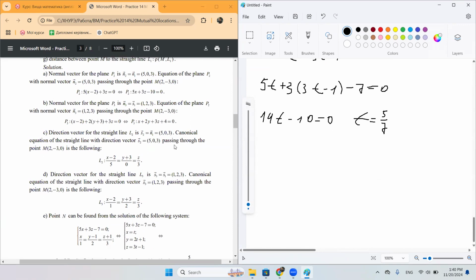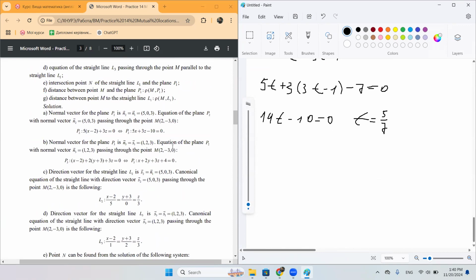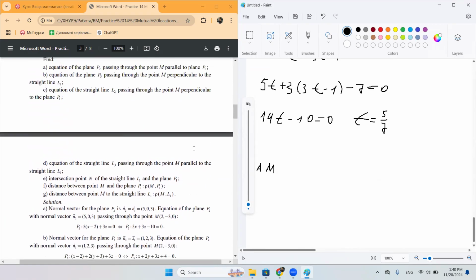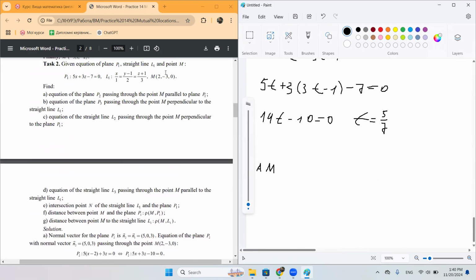Okay, and now let's find the distance between the point M and straight line L1. So vector AM, so coordinates of A can be the following. So A has coordinates 0, 1, and minus 1.